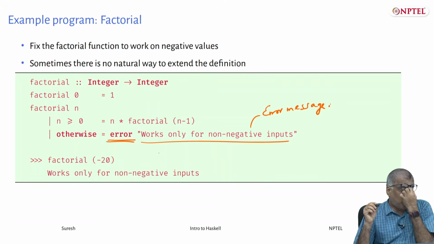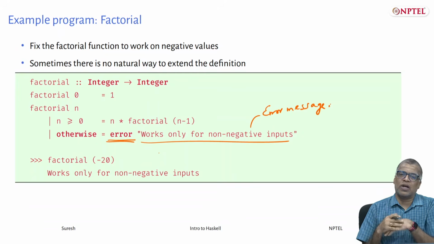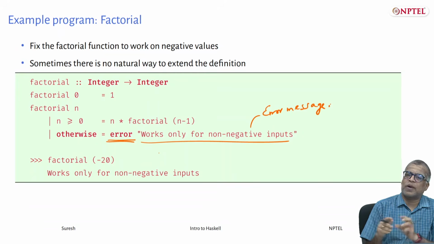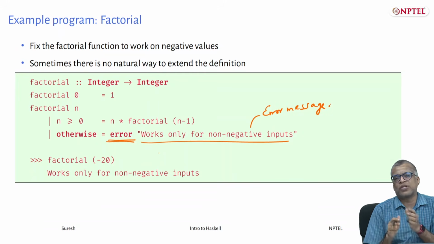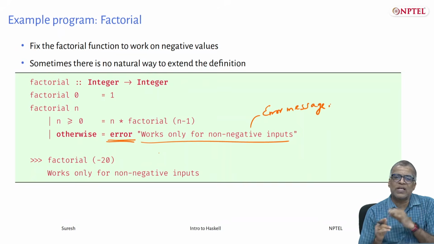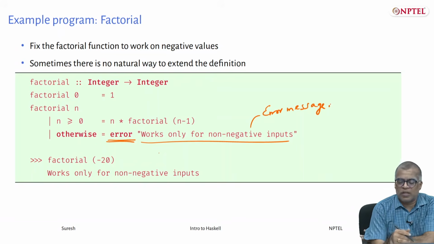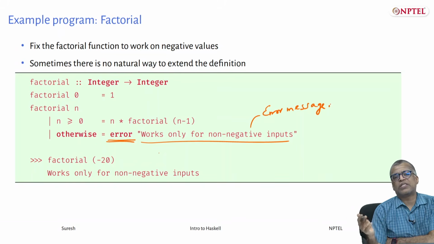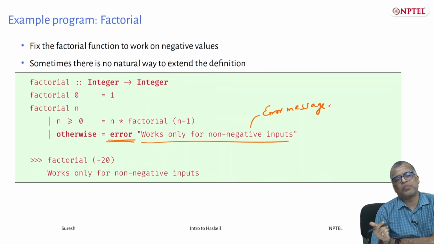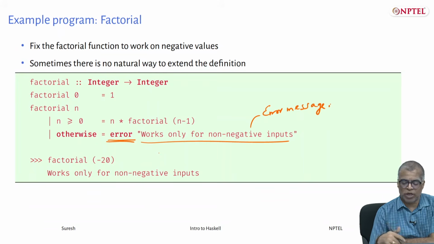So you can apply the error function on any error message and place it as part of any expression. Of course, it should type check, etc. If it does, then this is a much better way of writing the factorial function, because it tells the user that you are not expecting negative inputs at all.